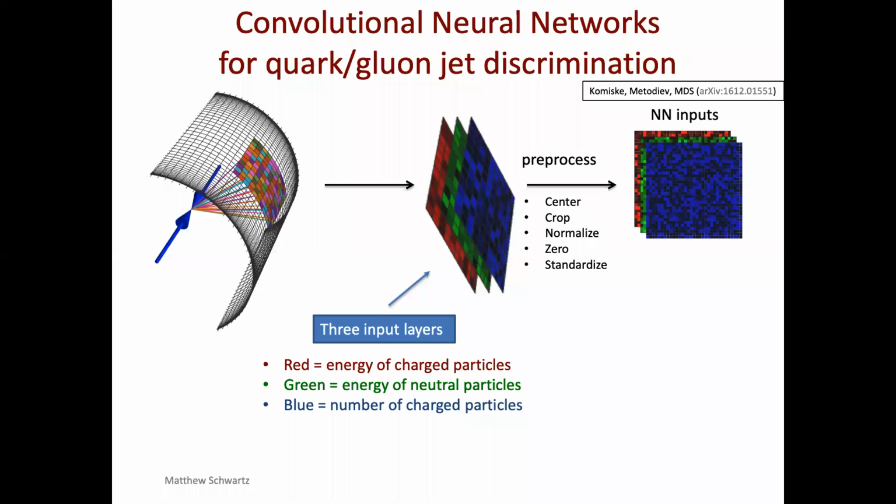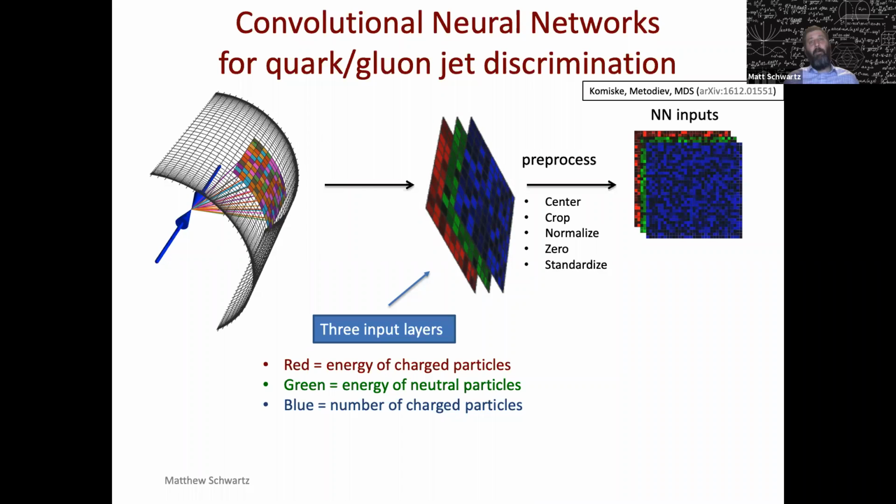Layer here is a technical word for the structure of the convnet. So it's just the layer. Each time you have a layer, you have a convolutional structure on that layer itself, and then you combine the different layers together to get the final output.